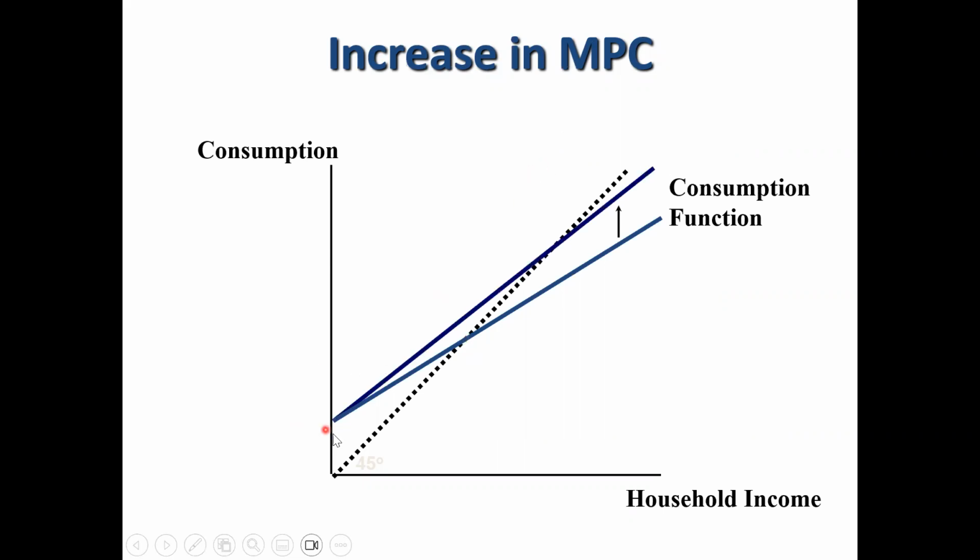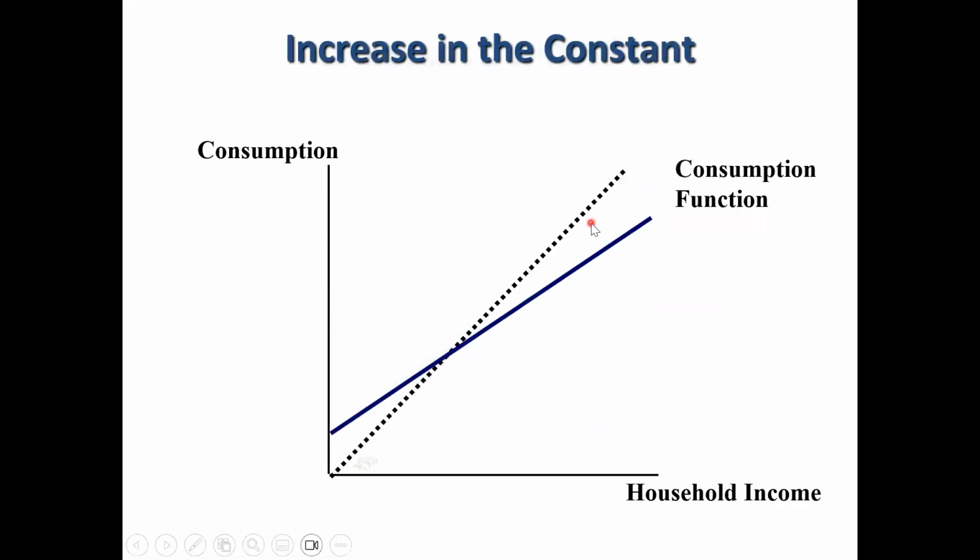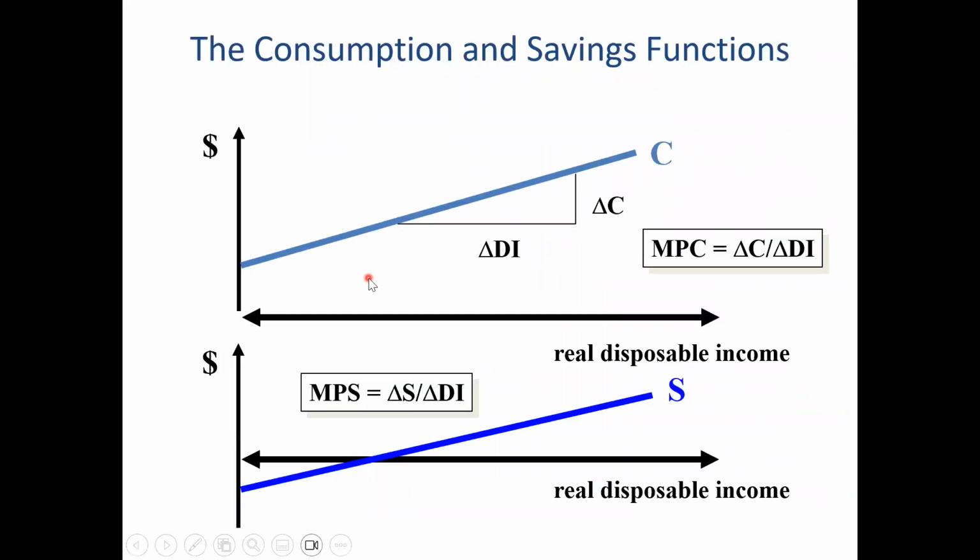As we see here, we started from the same point, and this amount is the increase in the MPC. This represents an increase in the constant. And this line represents the consumption function.